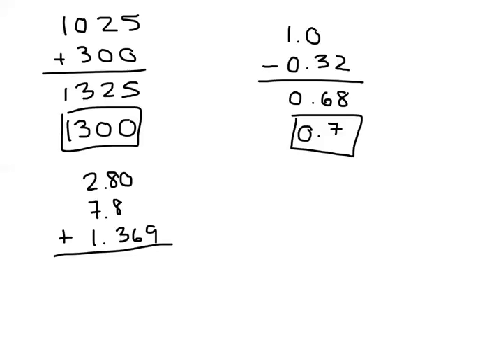Which means that our answer, which we have as 11.969, what are we going to have to round that to? 12.0. Because we want to cut off the 6 here, but we have a 6 right there, which means we're going to have to round up 11.9 to 12.0. Do not forget to keep that 0 because we want to be significant to the tenths place. So we have 3 sig figs.